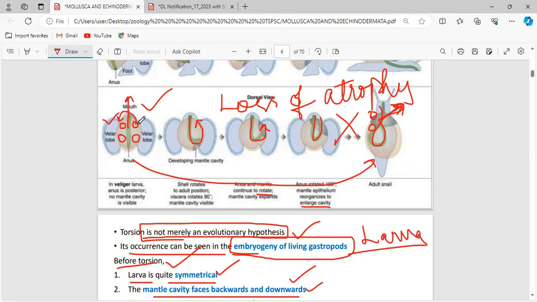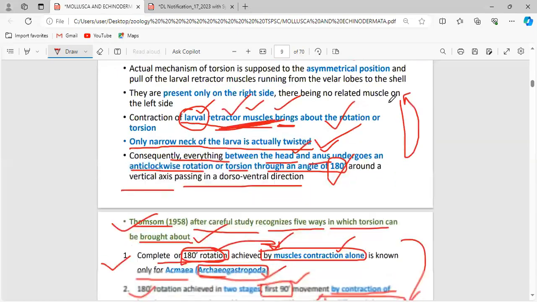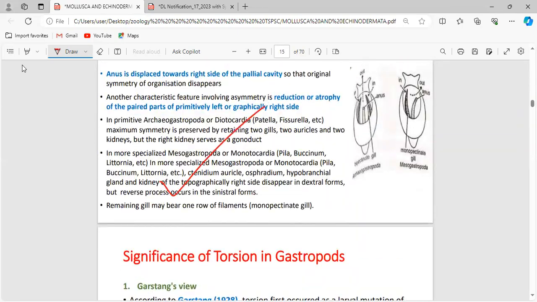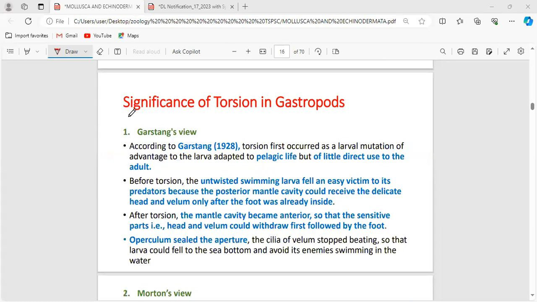Initially, one was on the left side and one was on the right side, but as a result of torsion, both prefer to locate on the left side. This is atrophy. If you read this again, we come to a conclusion. Clear? Hope you are getting it clear. And what is the significance of torsion in the case of gastropods?